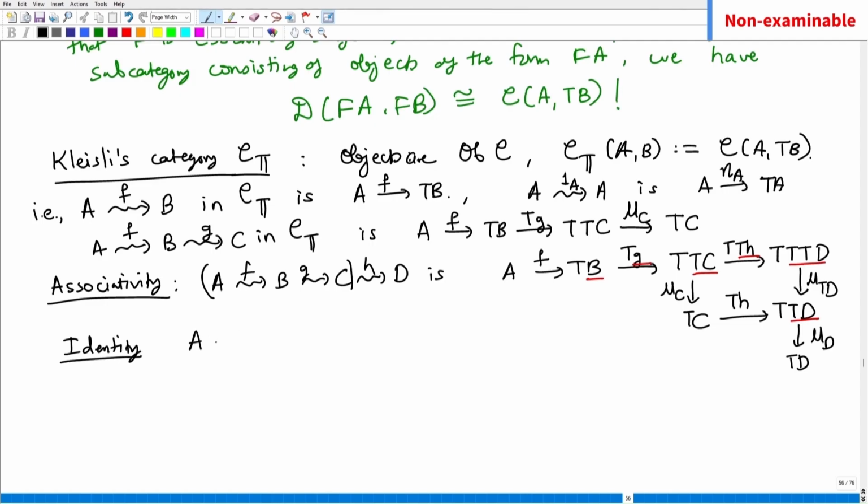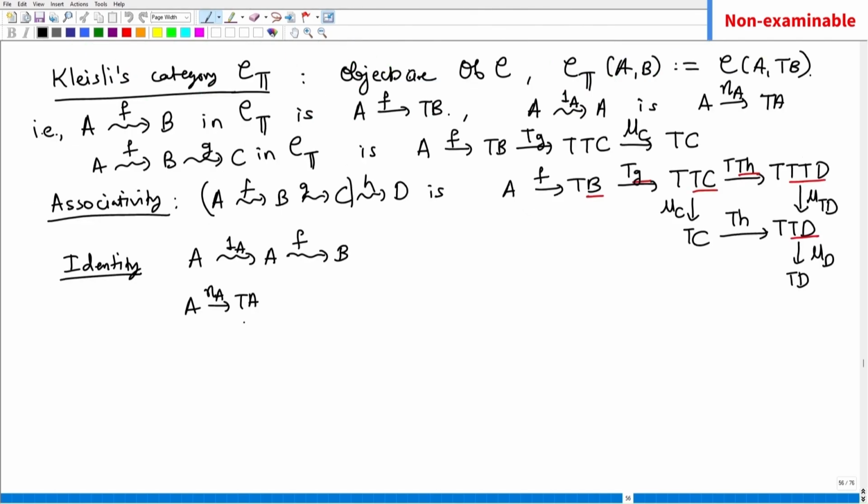So A to 1A and then F. Okay, what is this diagram? You take A to eta A, this is to TA. I'll just write it vertically and then this is mu B to TB. Can I complete the first square?